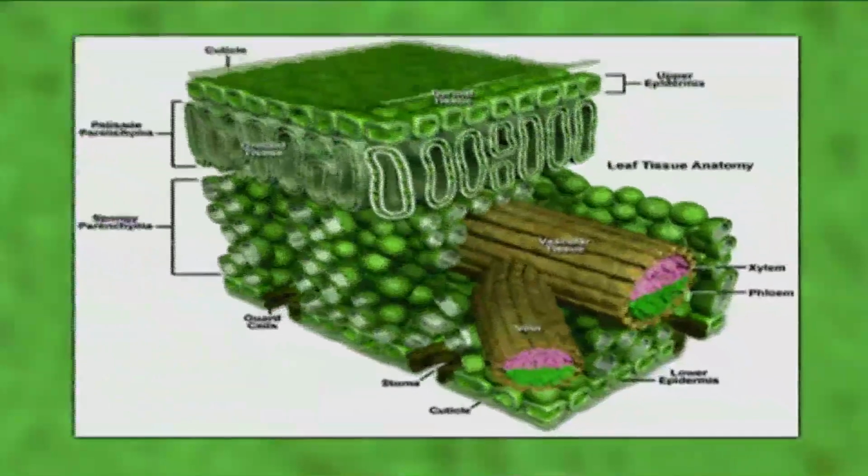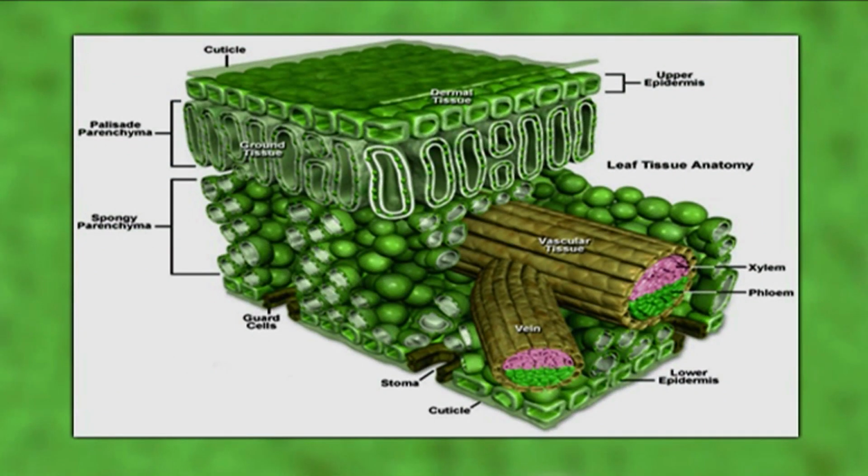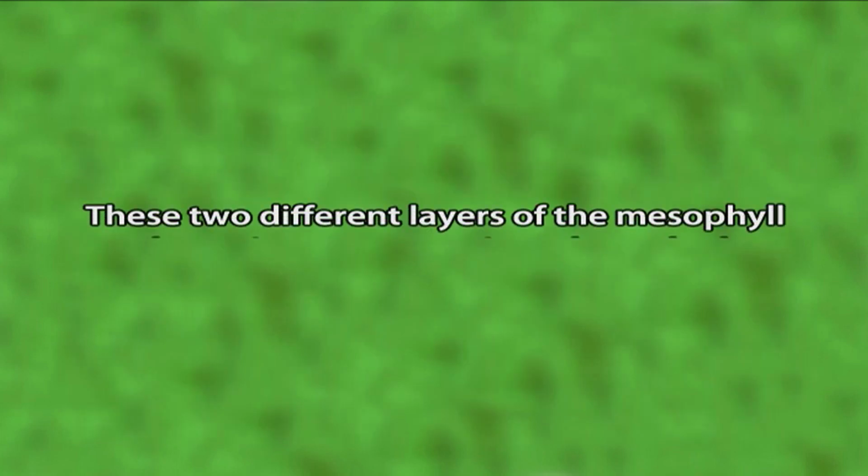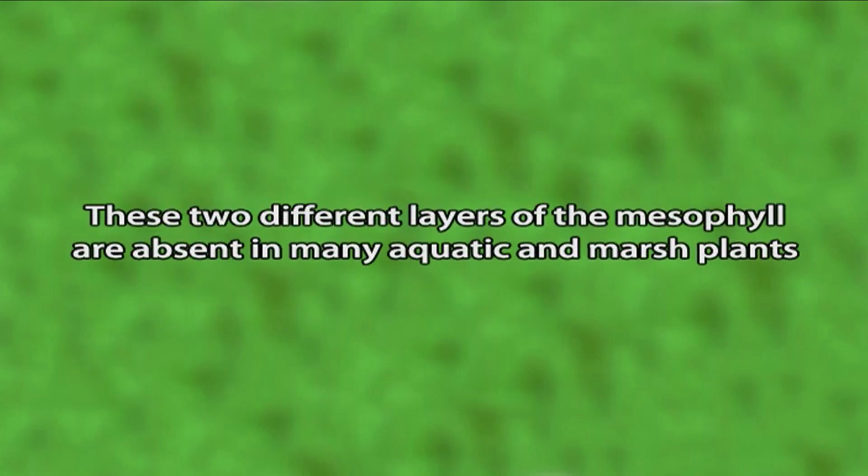The pores or stomata of the epidermis open into substomatal chambers, which are connected to the air spaces between the spongy cells. These two layers of the mesophyll are absent in many aquatic and marshy plants.